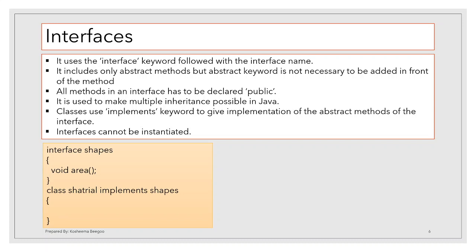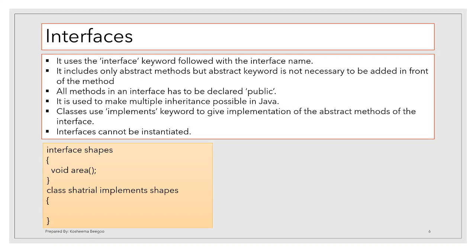And interfaces in Java are what make multiple inheritance possible. We can achieve multiple inheritance by using interfaces in Java. Let me remind you that through the extends keyword, we cannot have multiple inheritance.